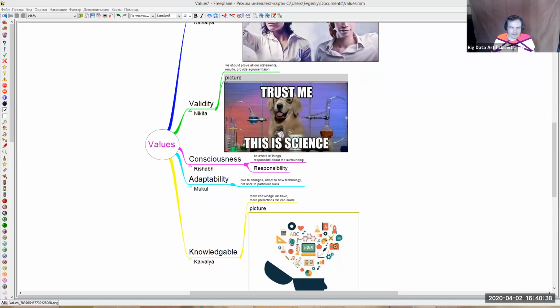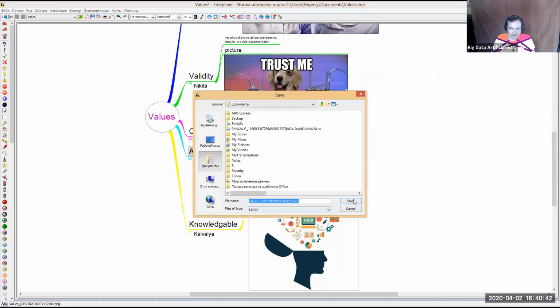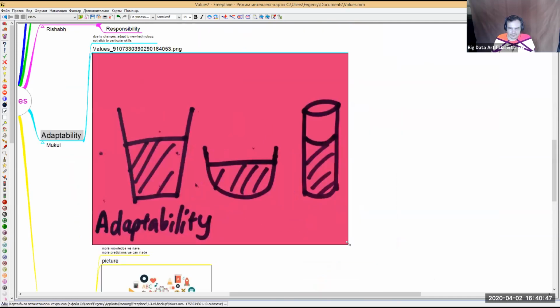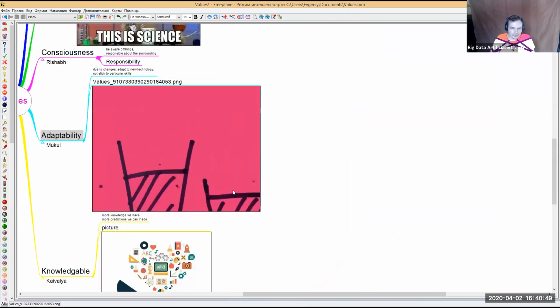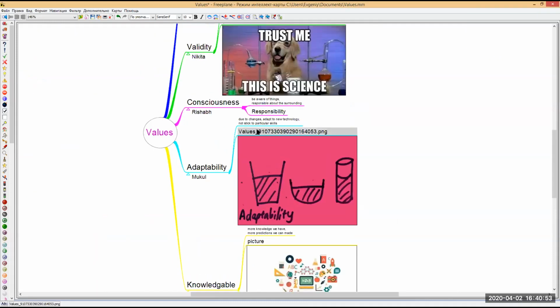And adaptability. Mukul provided this picture. Can you explain, Mukul, why this picture? In this picture, we can see the water adapts to the shape it's been put in.